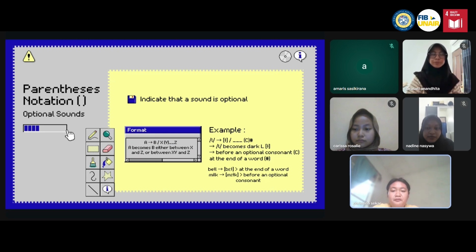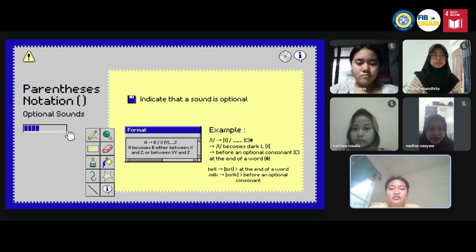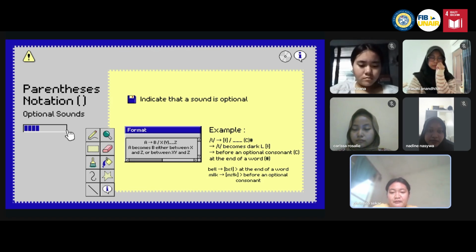To compare light L and dark L: light L is usually used in the word leaf, and dark L is in the example bell, which has a heavier pronunciation at the end. So bell and milk. The L becomes dark L before an optional consonant at the end of the word. Next.